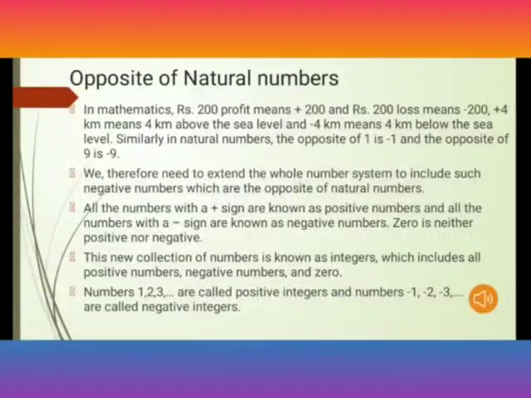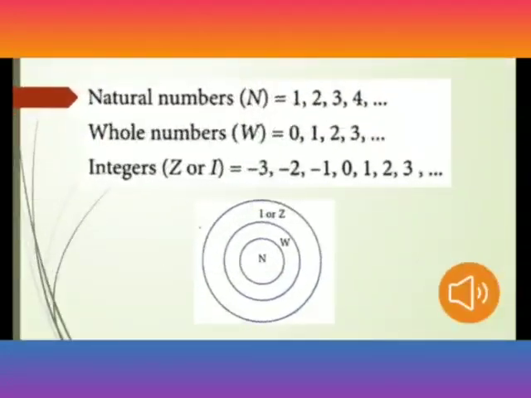Numbers 1, 2, 3 are called positive numbers or positive integers and numbers minus 1, minus 2, minus 3 are called negative numbers or negative integers. Dear students, as you can see in the slide, you can see the natural numbers, whole numbers and integers.